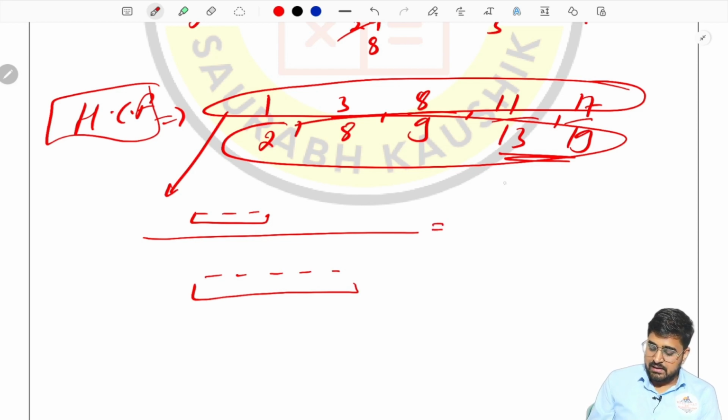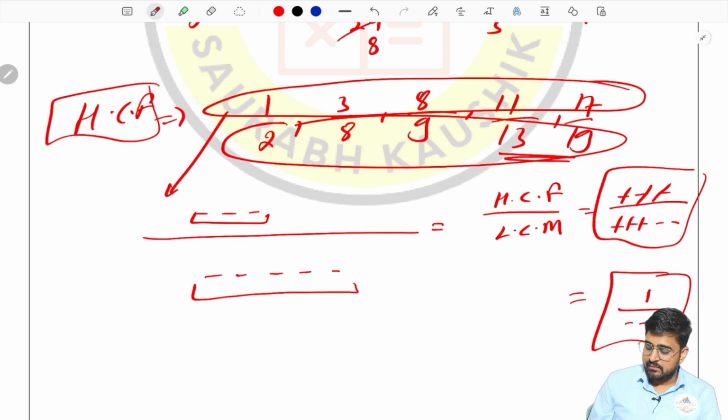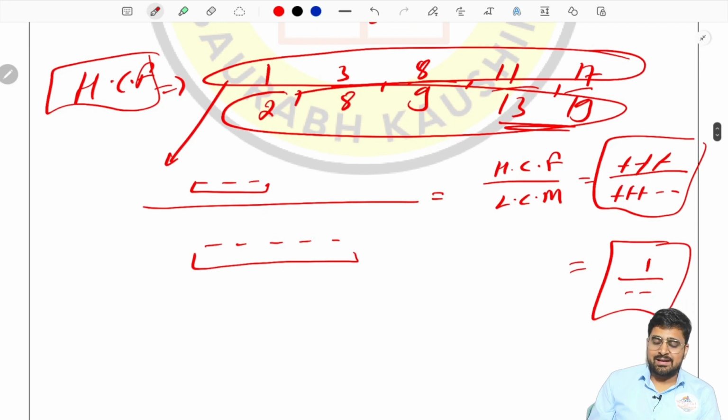Now in this case, when you have an HCF in a shorter way, this will always give you a number with a fraction. Are you able to understand that?